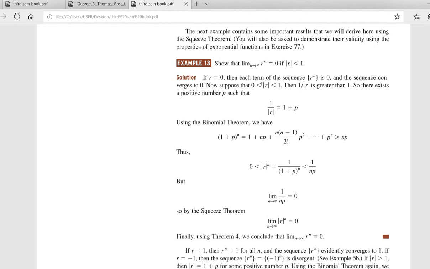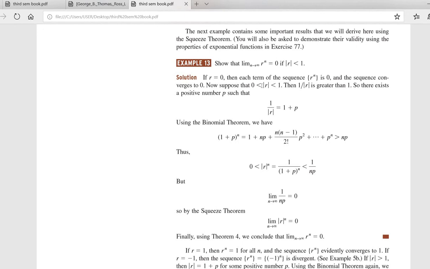So we have 1 plus p whole raised to n equal to what? By binomial expansion, 1 plus n p plus n into n minus 1 divided by 2 factorial into p square plus etc., plus p raised to n.